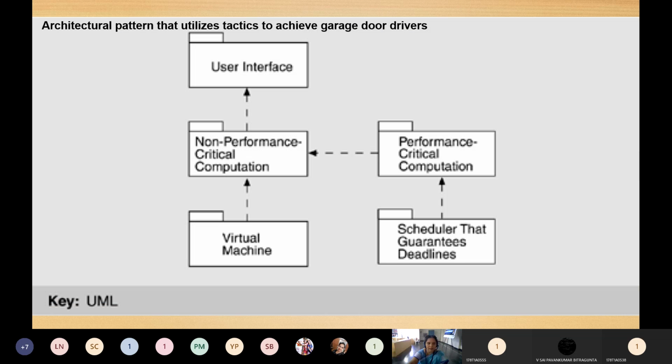According to these use cases, this is actually a class diagram. It represents the garage door drivers. How are we going to interface with this particular virtual machine? What different types of problems occur, and what guidelines does it give? When obstacles come, how are we going to overcome them?